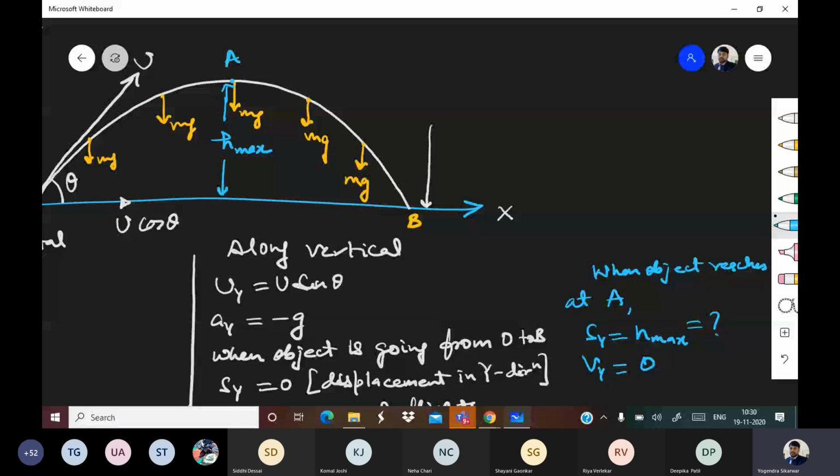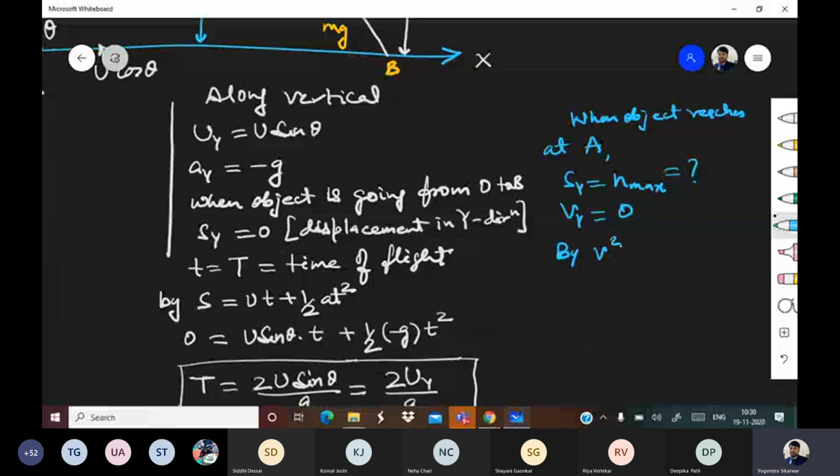So by V square is equal to U square plus 2as. Vy is anyway 0. U square is U sine theta whole square plus 2 into minus g into H max.